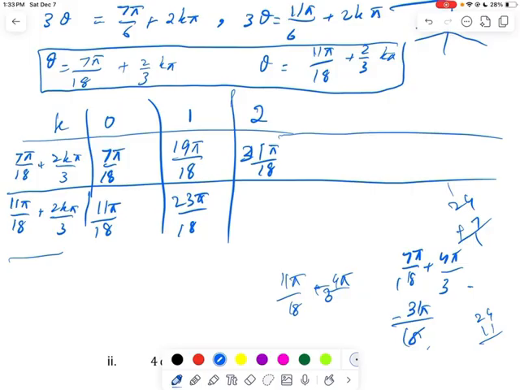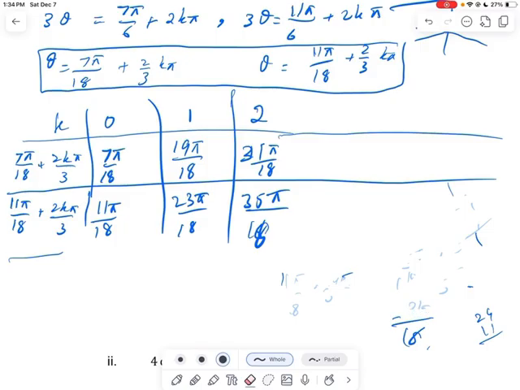So I have 35 pi over 18. Okay. So you can see 35 pi over 18 is very close to 36 pi over 18, which I showed you was 2 pi. So we stop here. So we have all the primary solutions here.